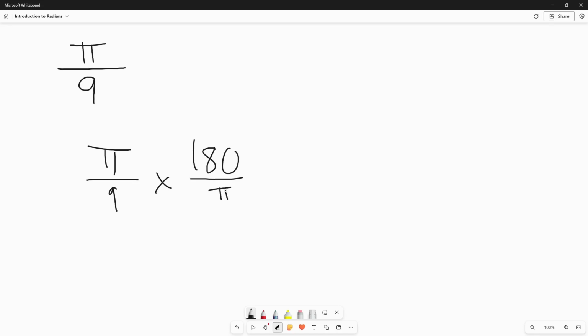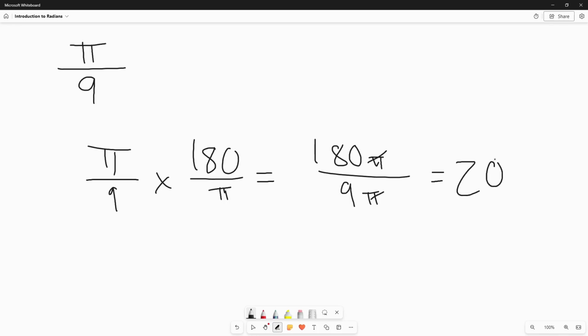Again, not pi over 180, because we're converting to degrees. And then we get 180 pi over 9 pi. And these pi cancel out, and we get 20 degrees. And that's our answer. So pi over 9 is equal to 20 degrees.